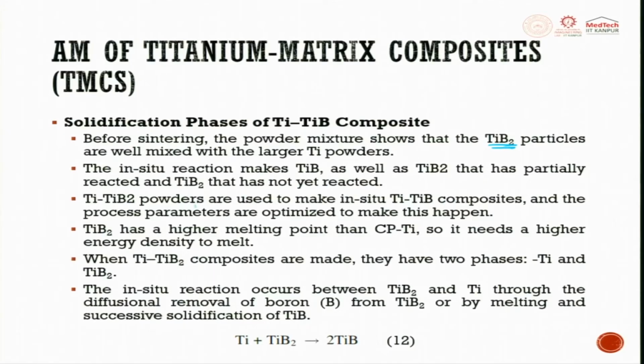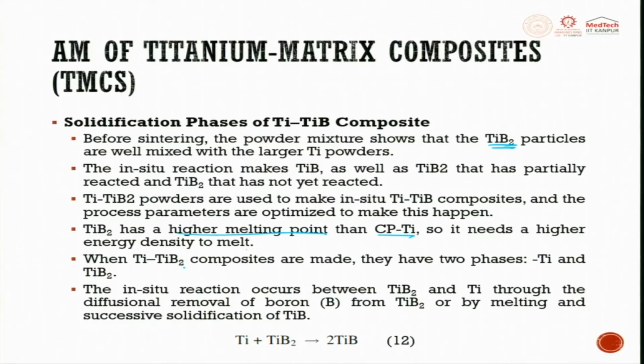Ti and TiB2 powders are used to make in situ TiB composite, and the process parameters are optimized to make this happen. TiB2 has a higher melting point than CP, closely packed titanium. So, it needs a higher energy density to melt.